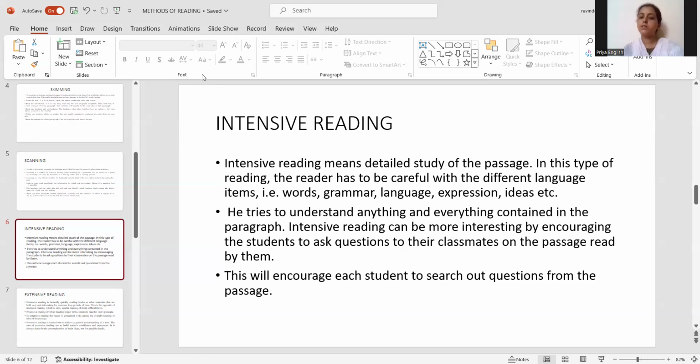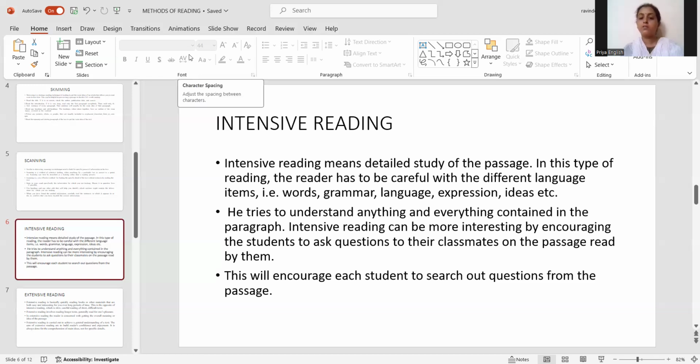So this is why we do intensive reading. Intensive reading can be made more interesting by encouraging the students to ask questions to their classmates on the passage read by them. This can be encouraged in the classroom while the teacher is teaching.